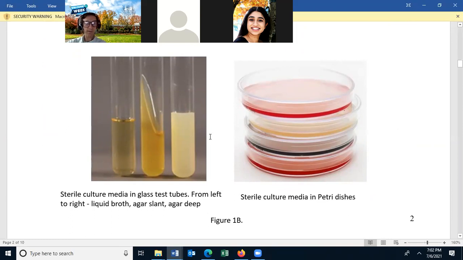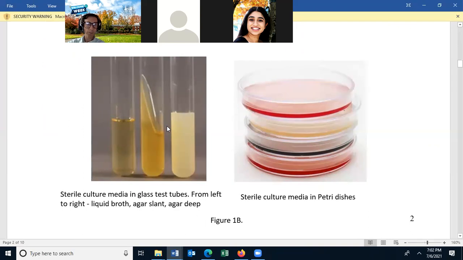Here is showing you glass test tubes. This one is a liquid media, and you can kind of tell because it's clear or very transparent. And the agar tubes, although that one is translucent, you definitely can't clearly see through it. And the agar in solid media can be in a deep, that's this tube here, where you just pour the agar in and it solidifies on the top.